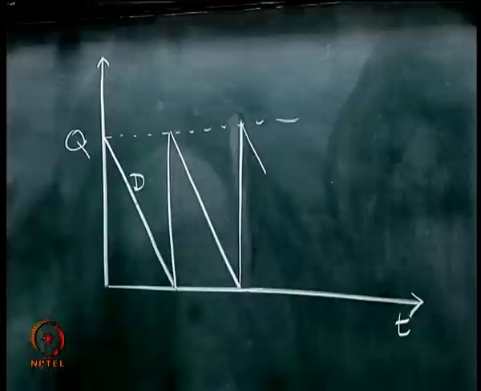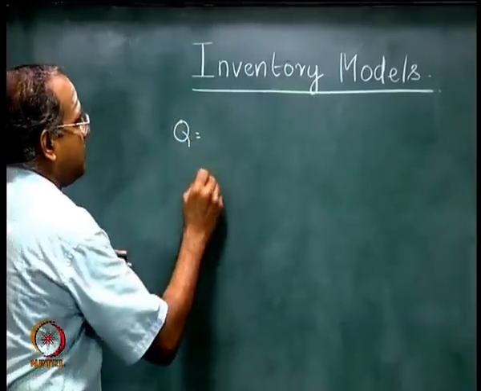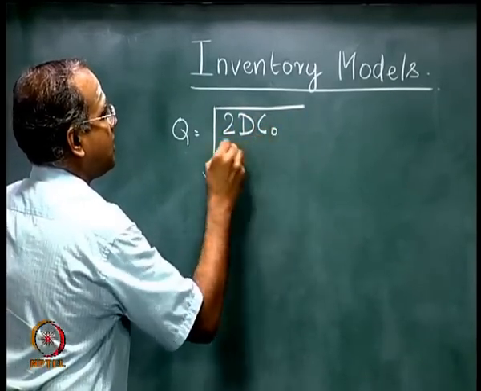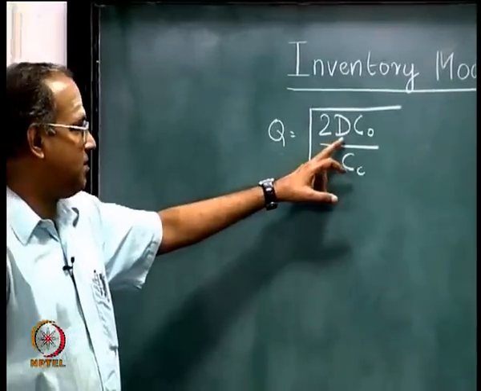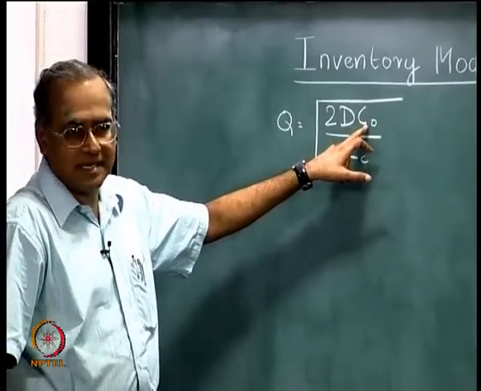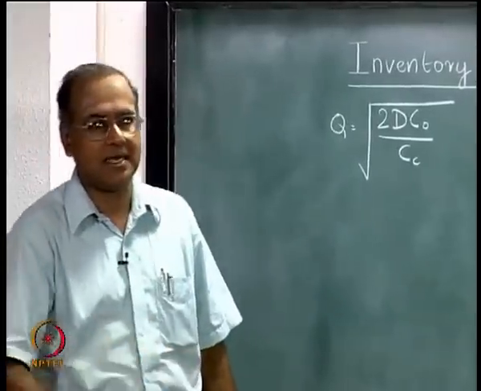We also derived an expression for Q: Q is equal to root over 2D C naught by Cc, where D is the annual demand, C naught is the order cost or cost of placing an order, and Cc is the cost of holding or carrying inventory.